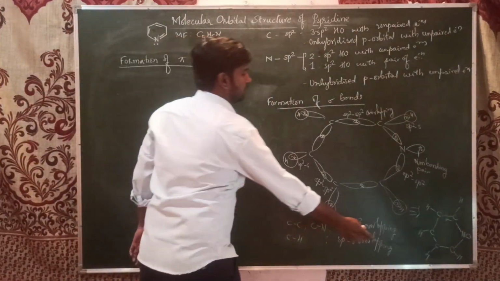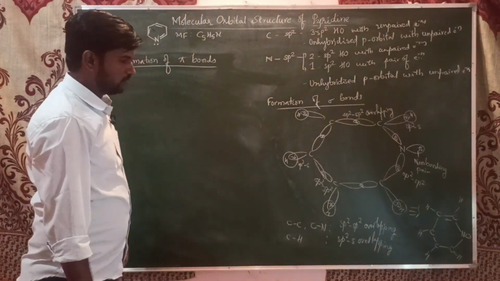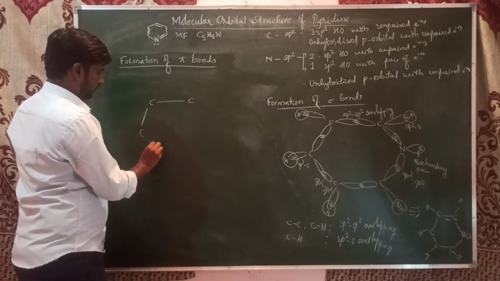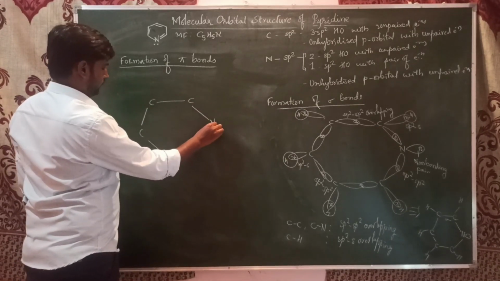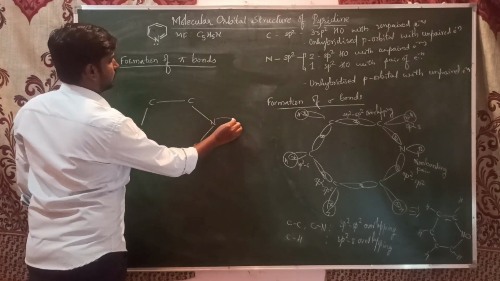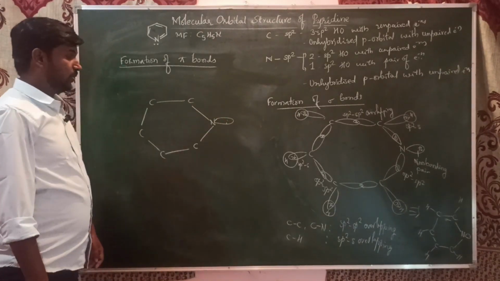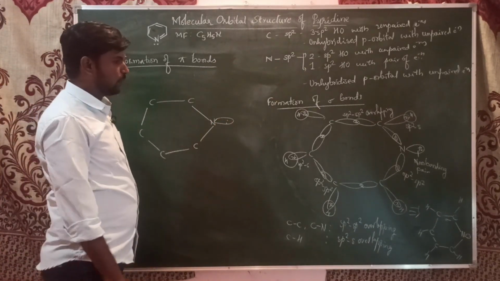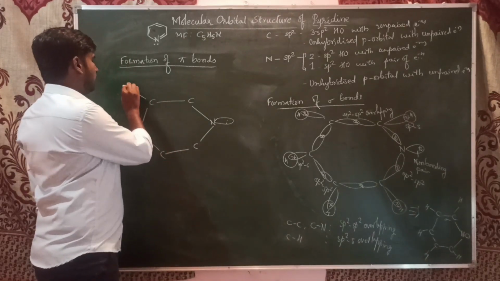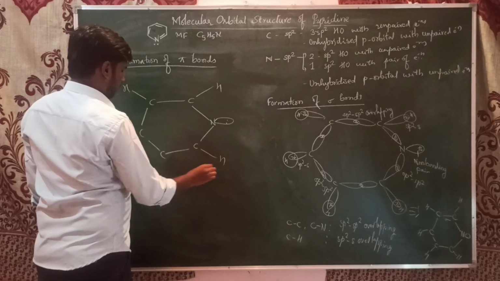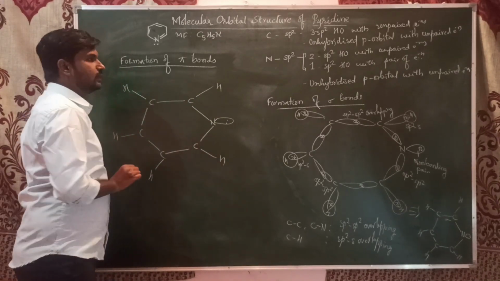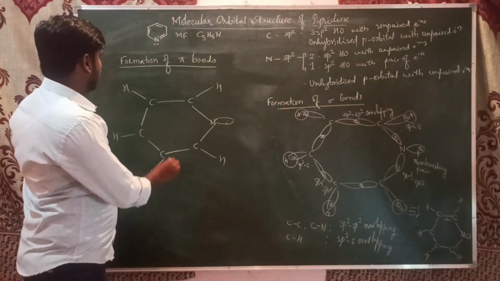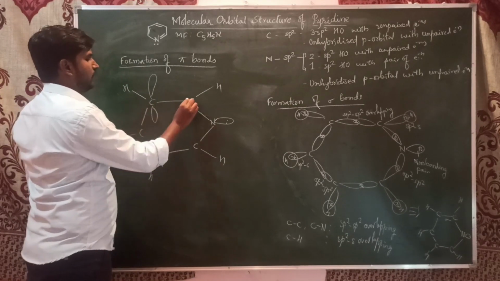So I'll take the structure after the formation of sigma bonds: carbon, nitrogen, carbon, and the nitrogen is still with the hybrid orbital with a pair of electrons. We can represent it with dots or arrows. After the formation of sigma bonds, each carbon and nitrogen still has an unhybridized p orbital that is perpendicular to the plane of the sigma bonds.